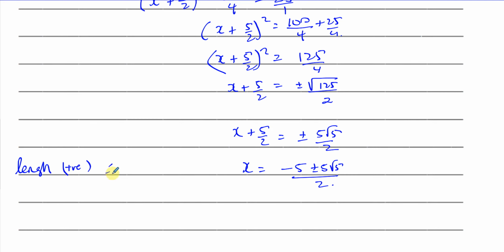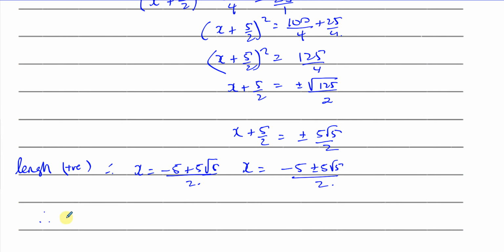So we can say, therefore, our x must be minus 5 plus 5 root 5 over 2. That must be the length, because minus 5 minus 5 root 5 over 2 is going to be negative.